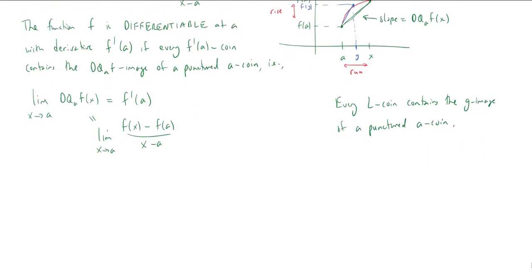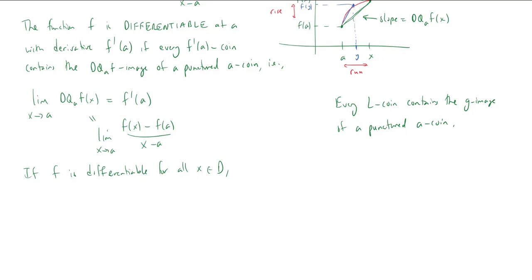All right, and if, of course, f is differentiable for all x in D, which is only going to make sense the way we've written things if D contains an x coin for every x, which tells you that we're only looking right now at open sets.